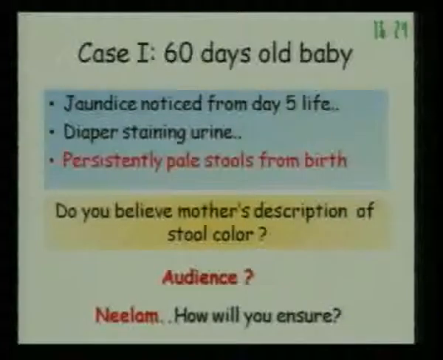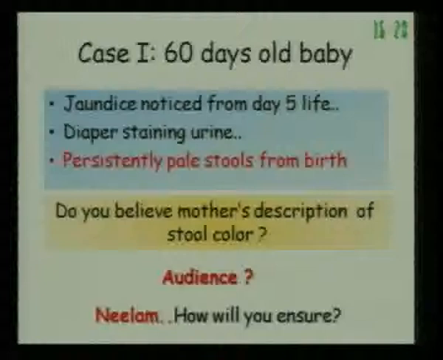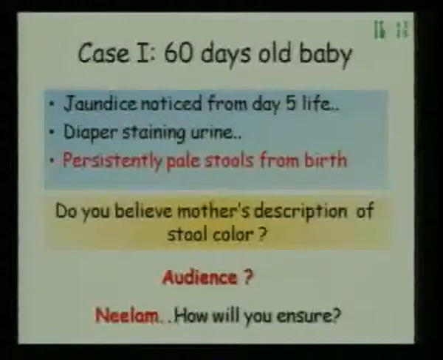So I would always like to see the stool for myself rather than believe the mother, because I really burned my hand several times. When they think it's pigmented, I've never found it pigmented. So this is a very important pointer for cholestasis, because your further approach will depend on it. So we are emphasizing stool color, that you should see for yourself.